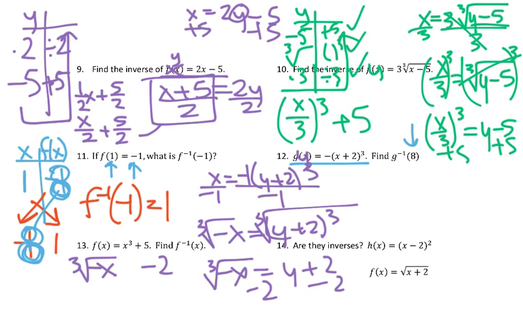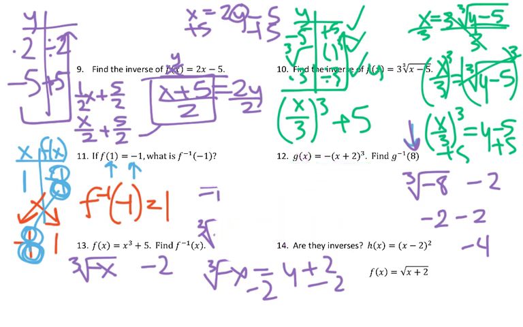Okay? Then you plug in 8 for x, and so you take the cube root of negative 8 minus 2. Cube root of 8 is 2. Negative stays. Negative 2 minus 2 gives us a negative 4. So our answer would be inverse of g of 8 equals negative 4.